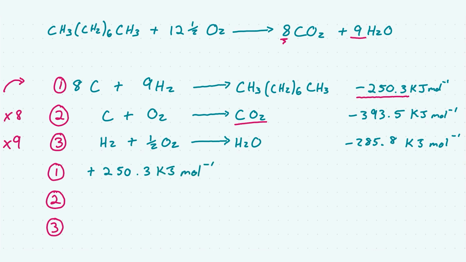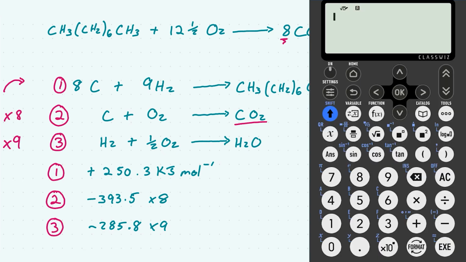And then with number 2, we multiplied it by 8, so write down the exact same heat, 393.5 times 8, and then it'll be the same thing for number 3. So negative 285.8 multiplied by 9. So now all we have to do is just calculate all of these and add them together. So from equation 1, 2, and 3, and then add them all together, and we'll get our final answer for the heat of combustion of octane.